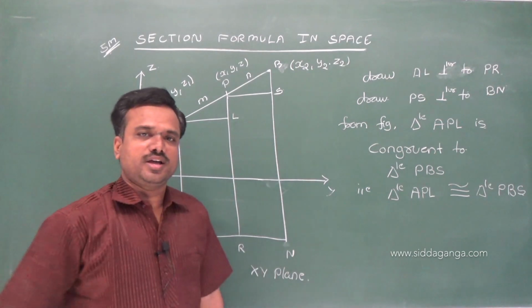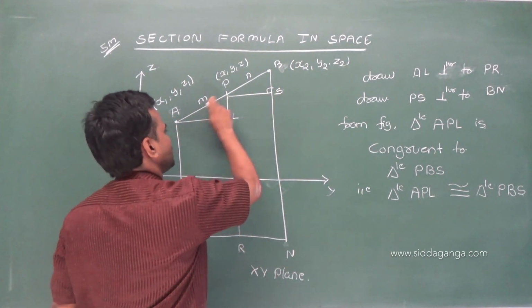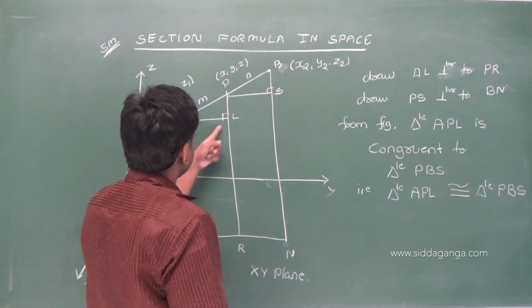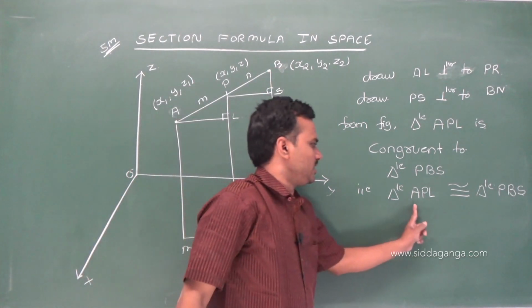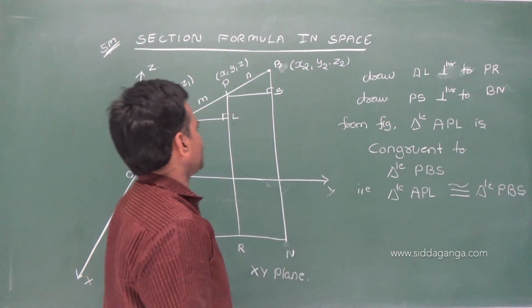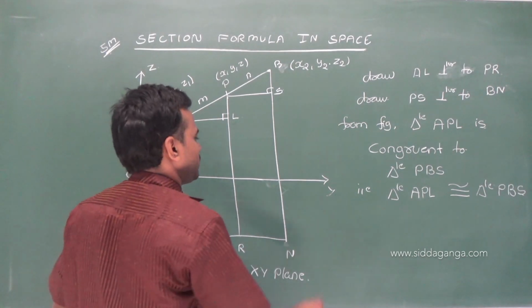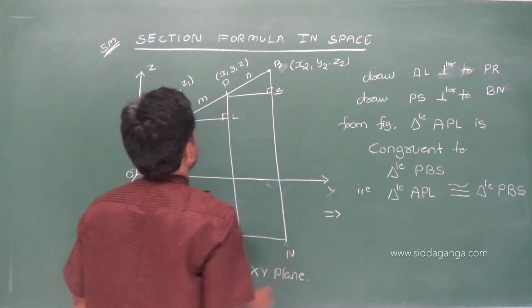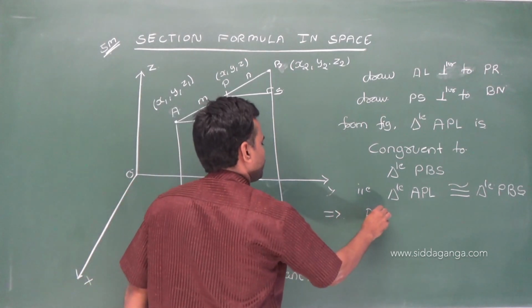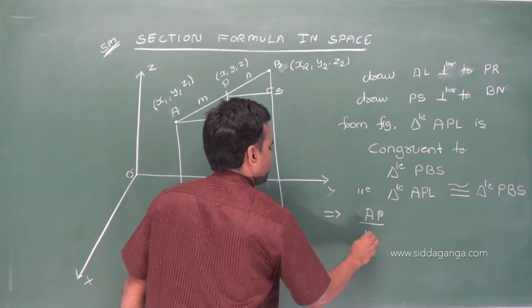Correct now? Observe here. The angle is the same, and the line is common. That's why triangle APL is congruent to triangle PBS. Okay. So you know the congruent property. That implies, observe here, AP divided by PB.